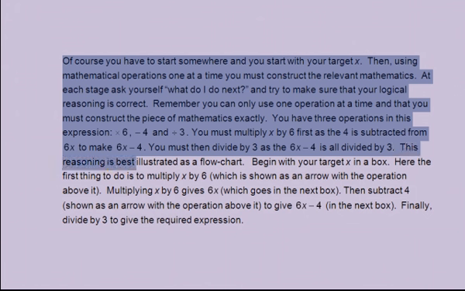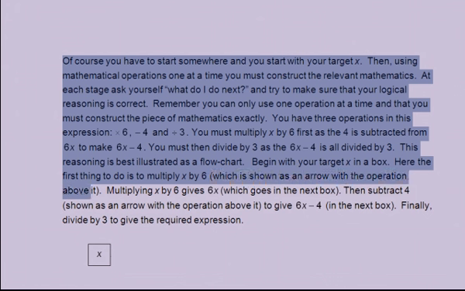This reasoning is best illustrated as a flowchart. Begin with your target x in a box. Here, first thing to do is to multiply x by 6, which is shown as an arrow with the operation above it. Multiplying x by 6 gives 6x, which goes in the next box.